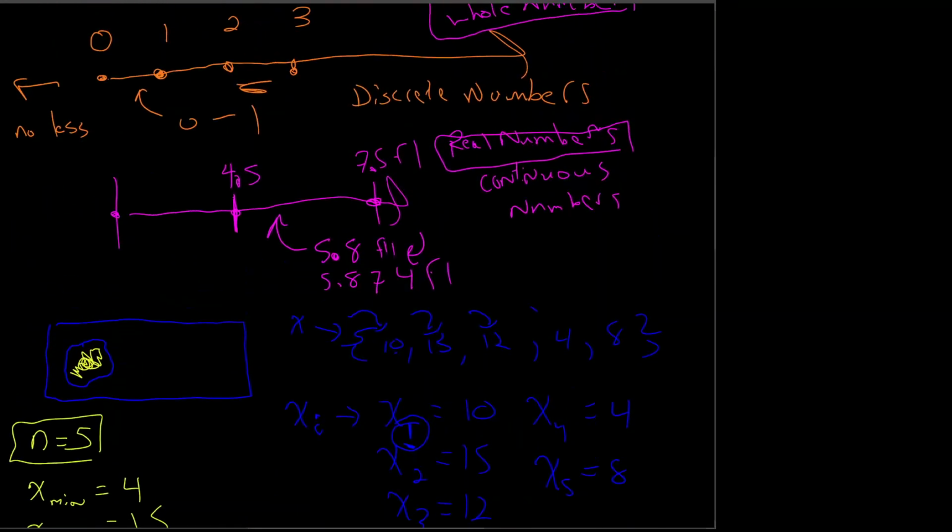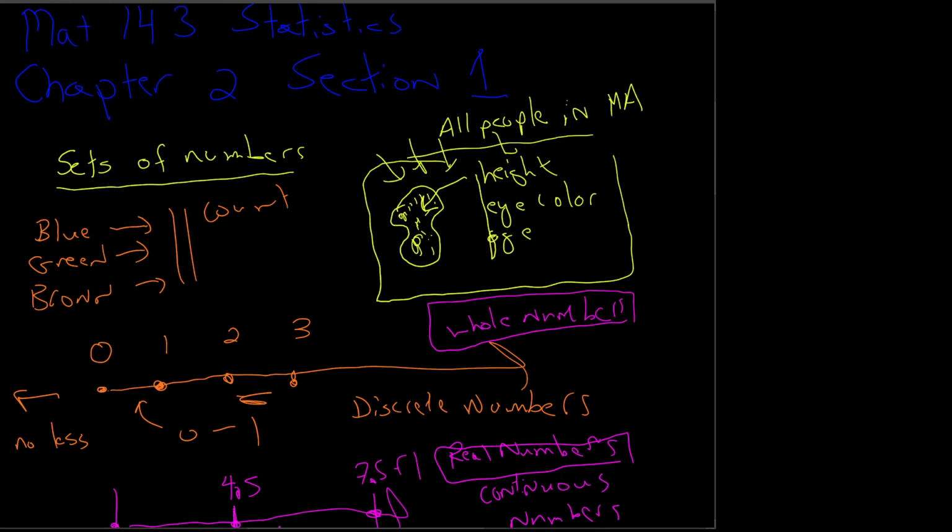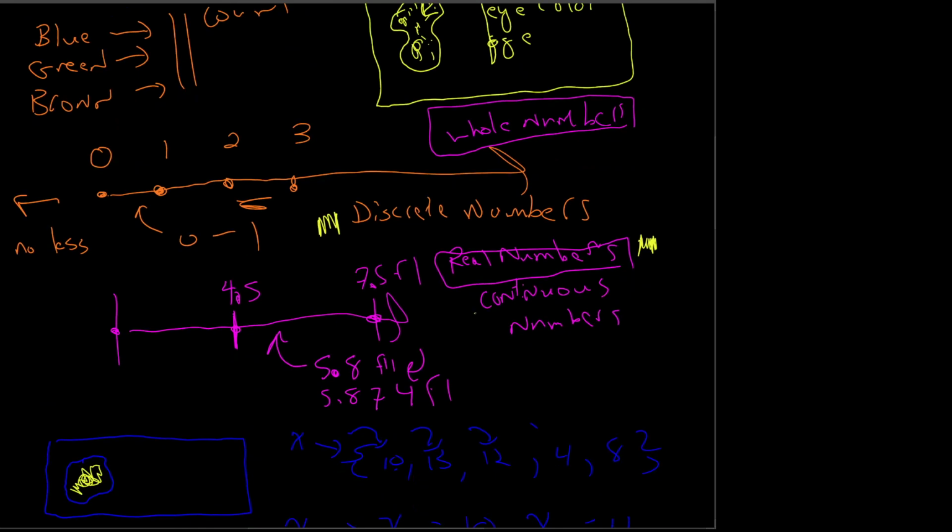So some things to keep in note. I'm going to close this little video out and expand. Section 1 has a couple of small videos in it. We're going to be aware that we're going to be turning our data into numbers. And there's going to be different types of numbers. The two different types of numbers are discrete, which are our counting numbers, or the integers, and then real numbers, which we call continuous because I can always measure a little bit better.